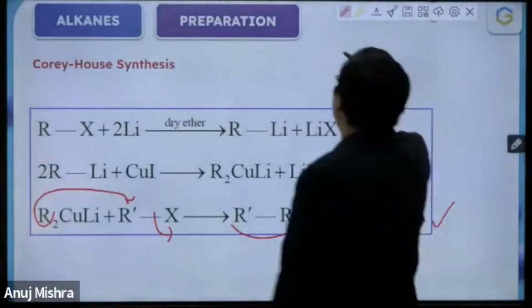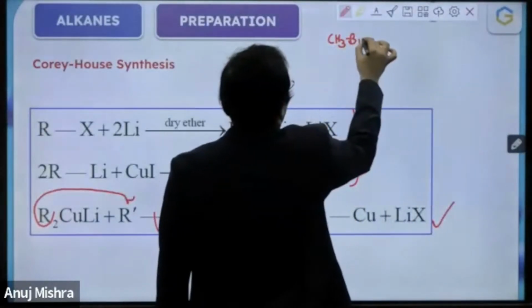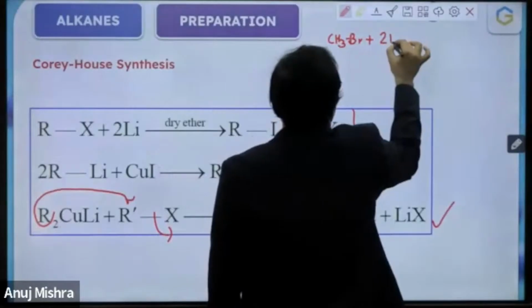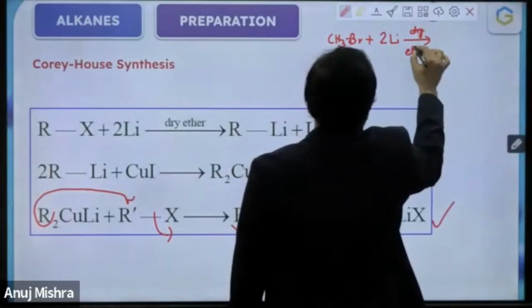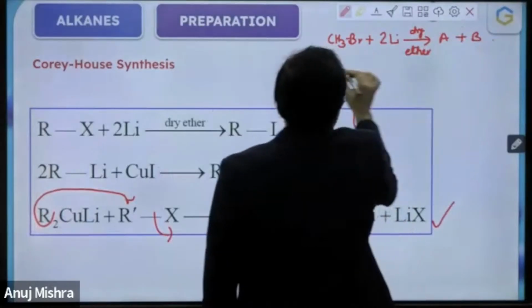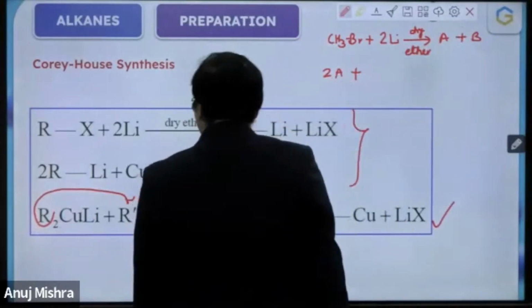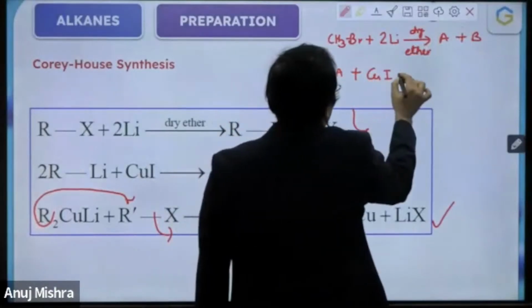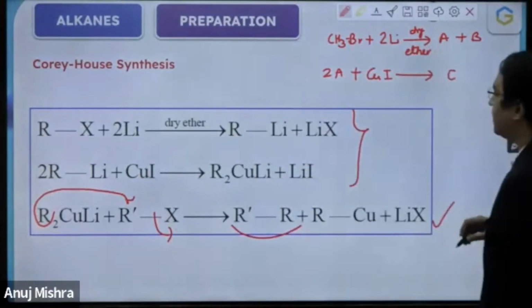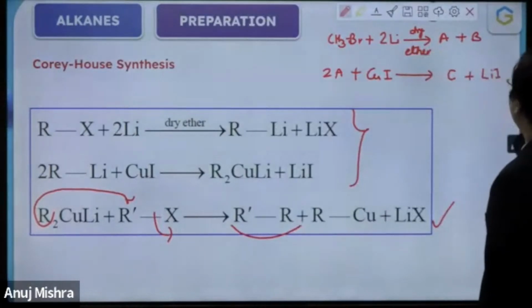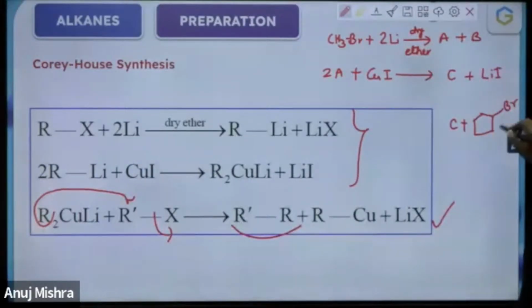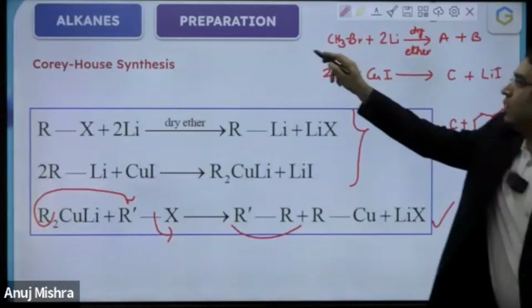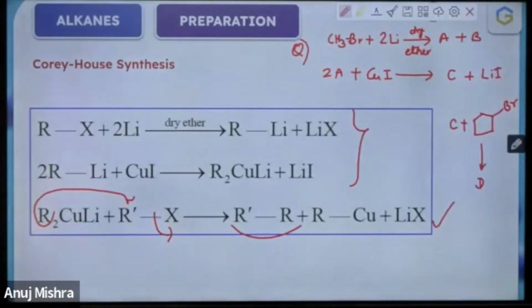Now I'll ask you the steps in the form of a question, so you will prepare quickly. Write CH3Br plus dry ether, 2 units of A gives C plus LiI. C plus Br gives D. Find out A, B, C, D. Find out A, B, C, D. Try. First, you note it down.